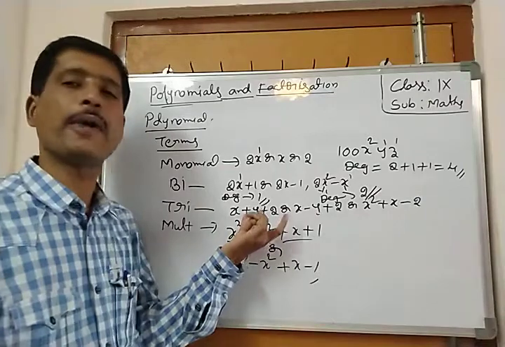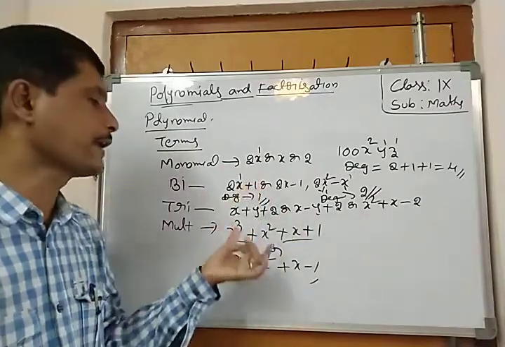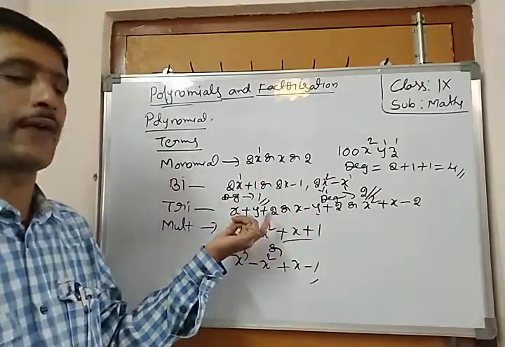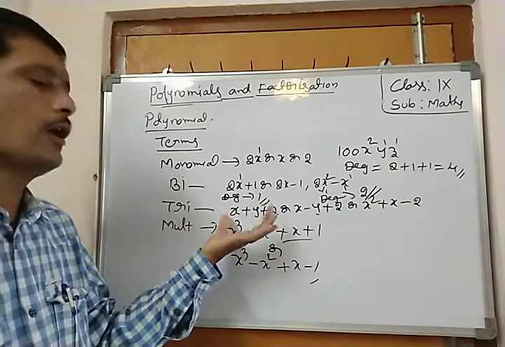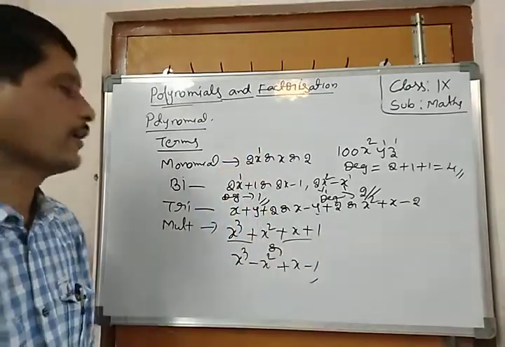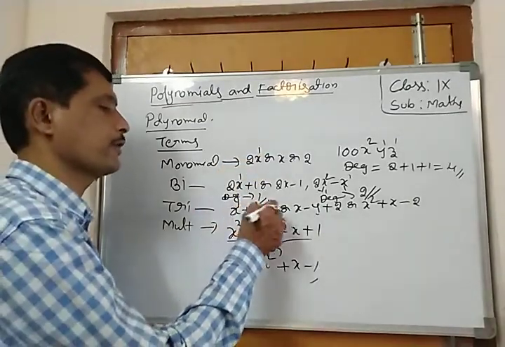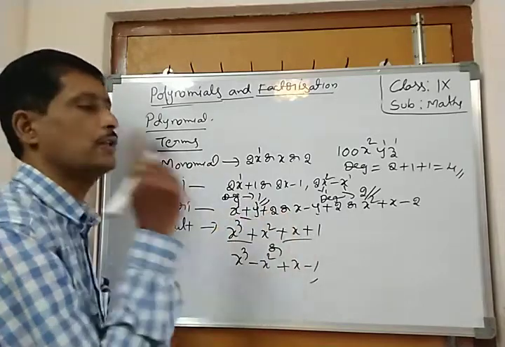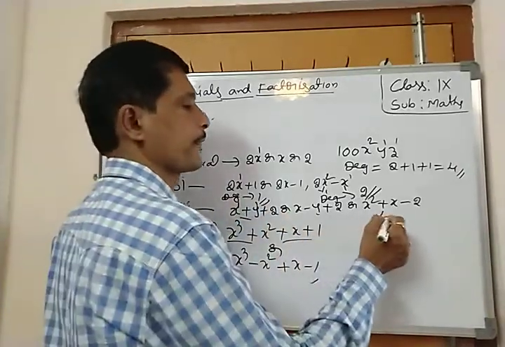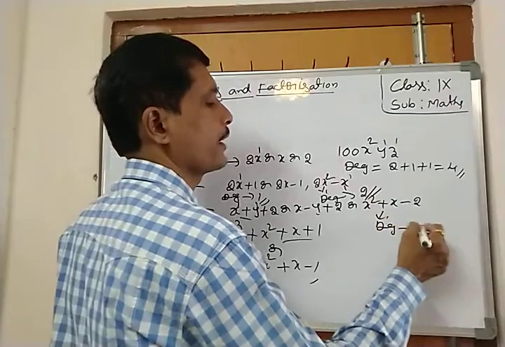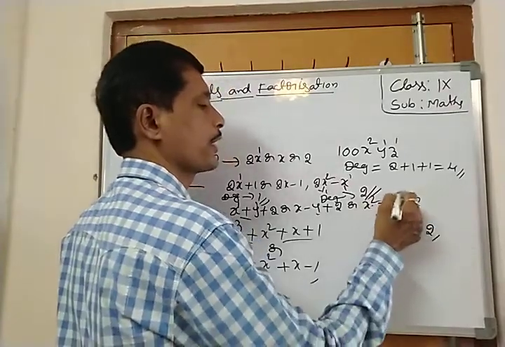Next trinomial is also the same: find out the degree of each individual term, and whichever is highest is the degree. Here power 1 is there, here power 1, here a constant, so the highest is 1 only. Here the degree of this trinomial is 2, since power 2 is there and here power 1.